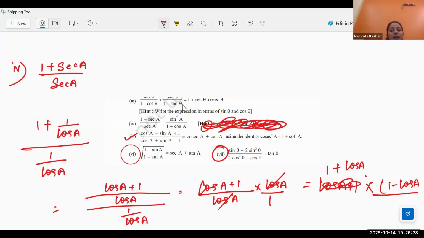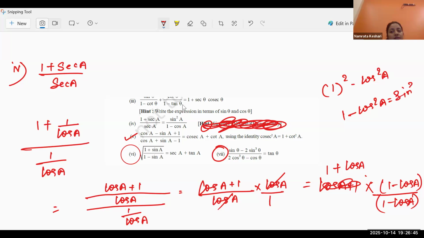The numerator will be A plus B, A minus B. That means this is square minus that is square, which eventually will be 1 minus cos square A, and will be sine square A. Making sense? Yes, ma'am. We will be done with the proof.